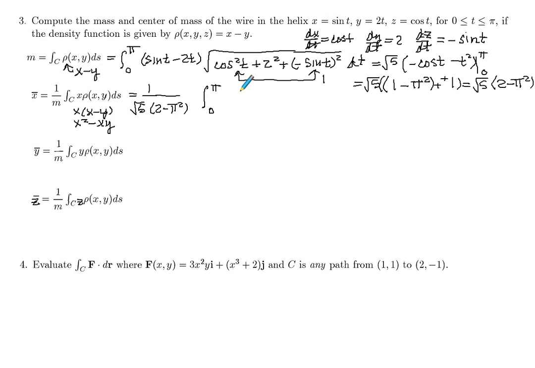So x squared is going to be a sine squared, so we're integrating a sine squared t, minus xy, so 2t sine t, if we bring that out in front. And then ds, again, is square root of 5 dt. So root 5 and dt. Okay, this root 5 cancels with this one.